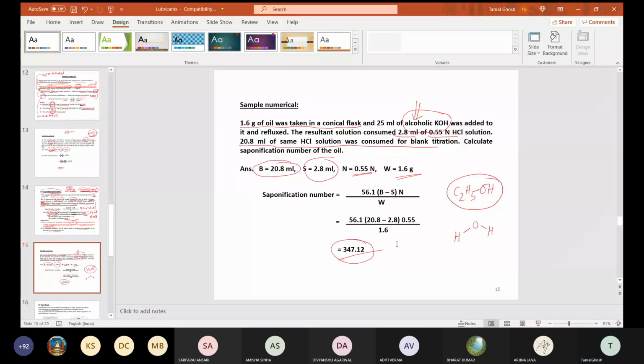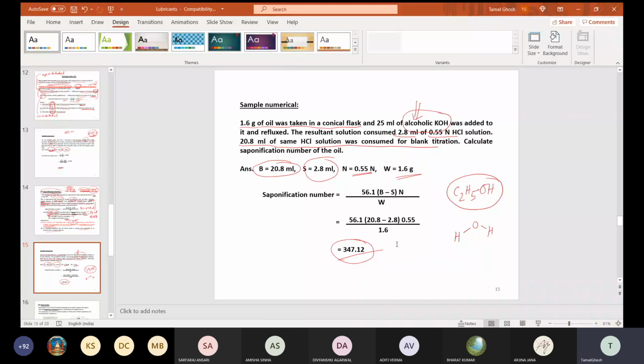And in the blank titration, generally a very small amount of oil is taken. You are taking 1 gram or maybe 0.9 gram or 1.2 gram or 1.4 gram.